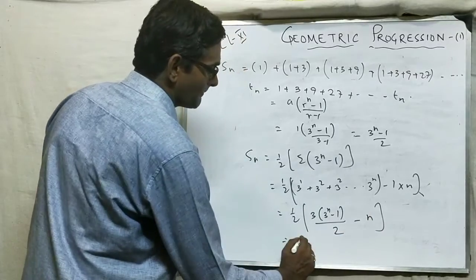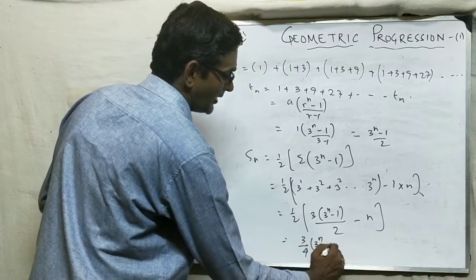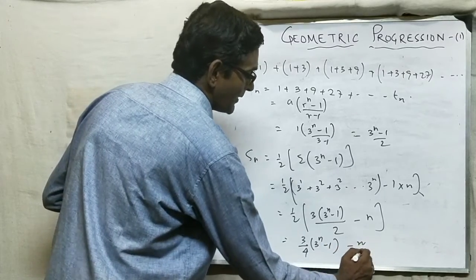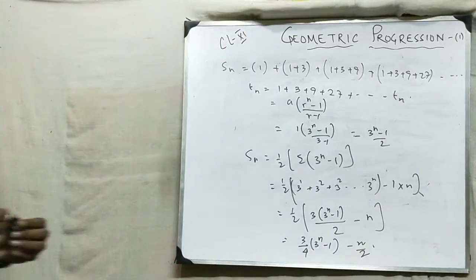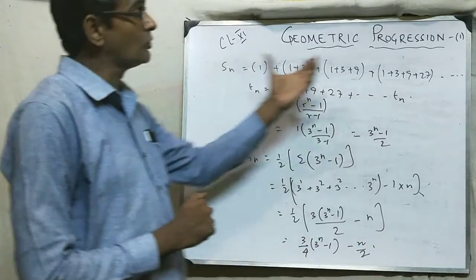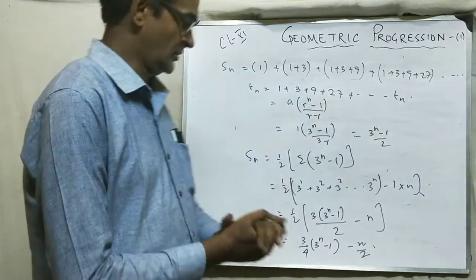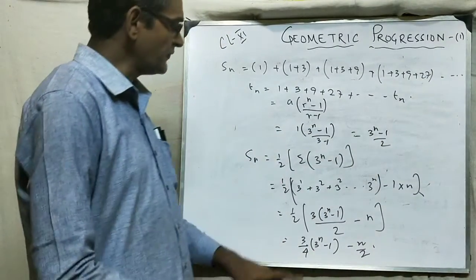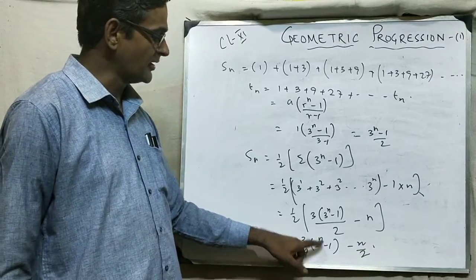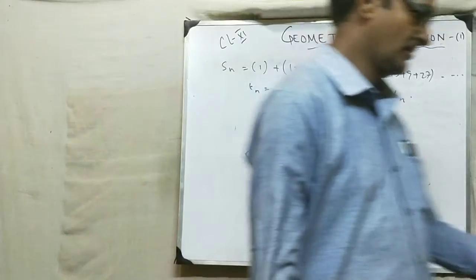So what will I get? 3 by 4, (3 to the power n minus 1), minus n by 2. Okay, so this is the way of finding the sum of n groups. This is the sum of the n groups. If you put 1 in place of n, you will get the first group, and similarly you can do it.